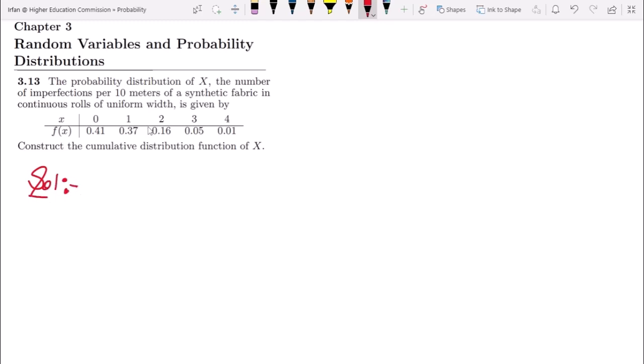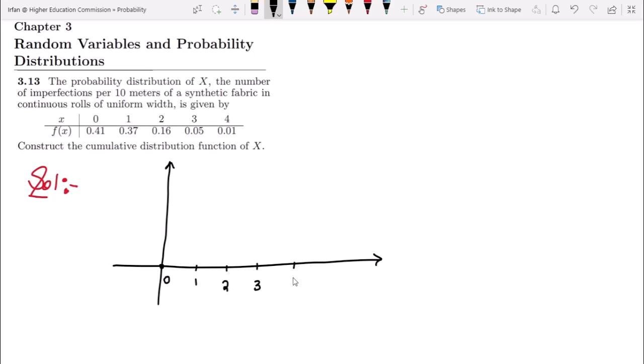This is the solution, and let me choose this color black. Let me have this graph. So this is the CDF graph, and in order to plot it, first of all let me write all the values of x on this x-axis. So this is 0, this is 1, this is 2, 3 and 4.